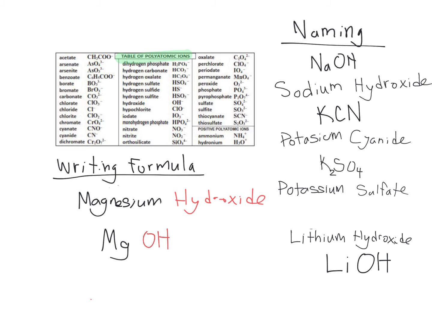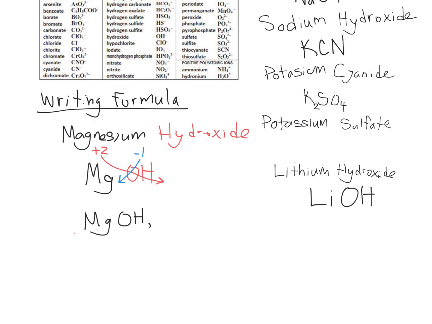But once again, hydroxide is -1 and magnesium is going to be +2. So when we do the swapsies of our little charges, this will have to be magnesium hydroxide, and we're going to have to add a 2.